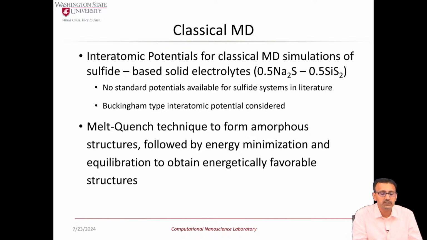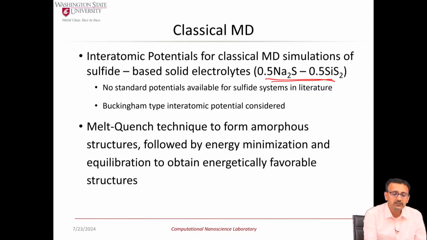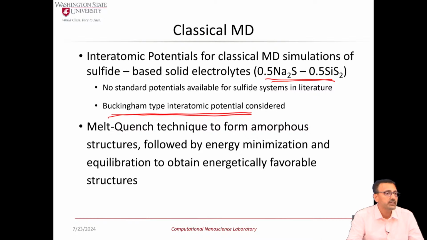The challenge was, for this particular glassy amorphous material, sodium sulfide, silicon sulfide, there weren't any standard parameterized potential for this specific glass that we could use from the literature to start modeling. The general form of potential for these materials, sulfide glasses, is met by the Buckingham type interatomic potential, but the exact parameters for it.